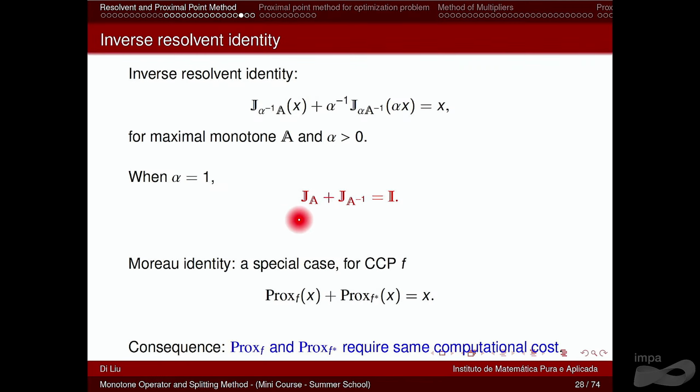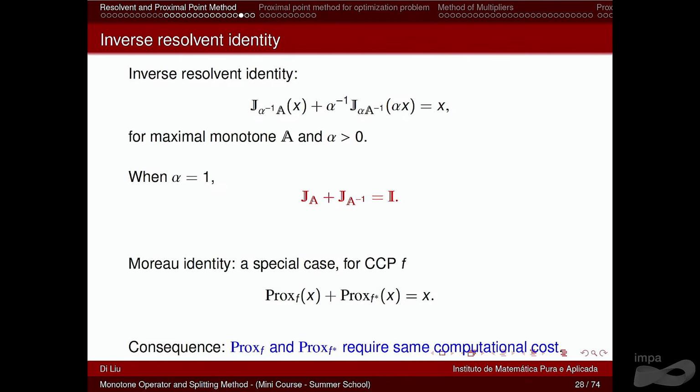It is to say the resolvent of A plus the resolvent of the inverse of A is the identity. Okay, identity. It says that if we know how to calculate the resolvent of A, we know immediately how to calculate the resolvent of the inverse.